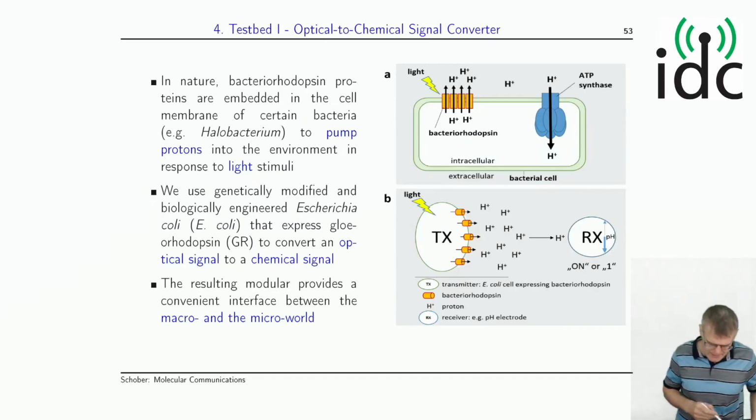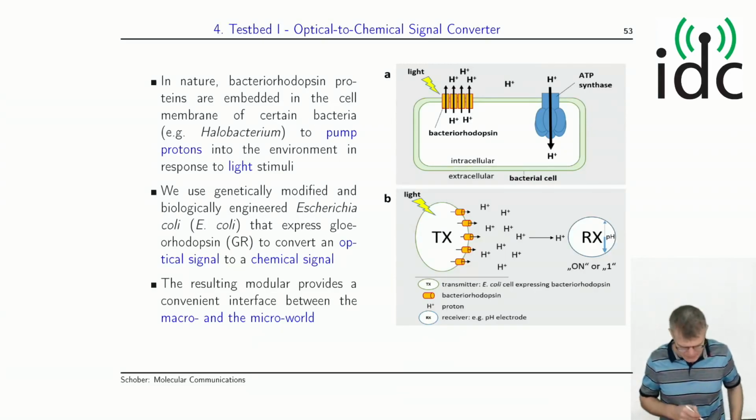So what we did, or I should say my colleagues from biology, from Professor Burkowski's group, is that they genetically modified E. coli bacteria such that they also express these bacteriorhodopsin proteins on their cell surface. And with this, of course, now you have a modulator, right? Because you can shine light on these genetically modified bacteria, and they will emit the protons.